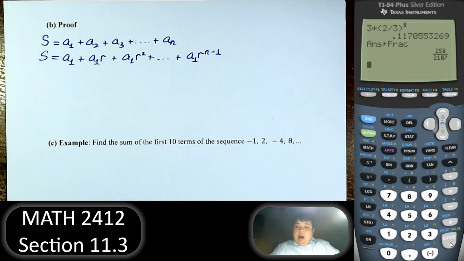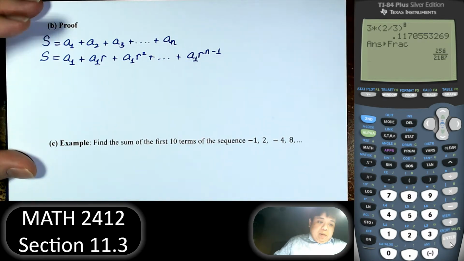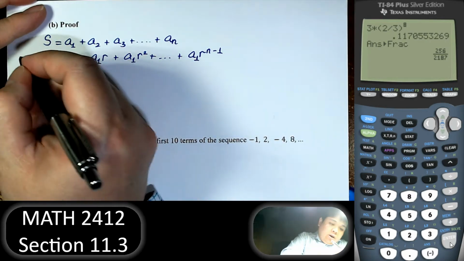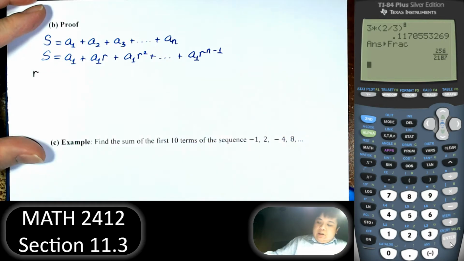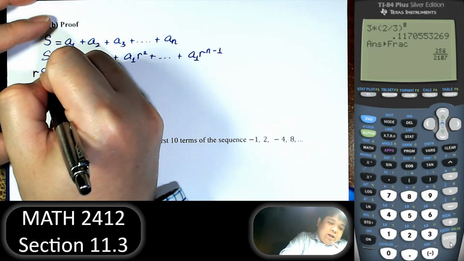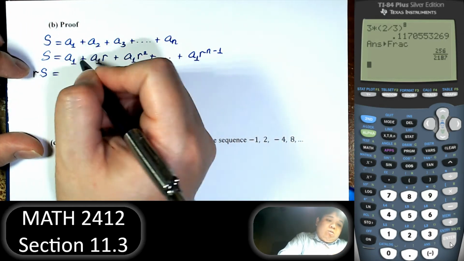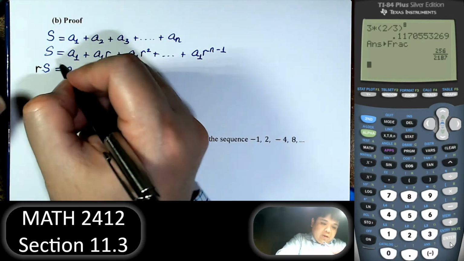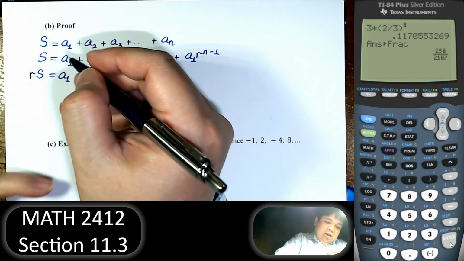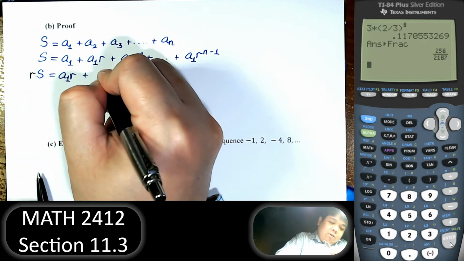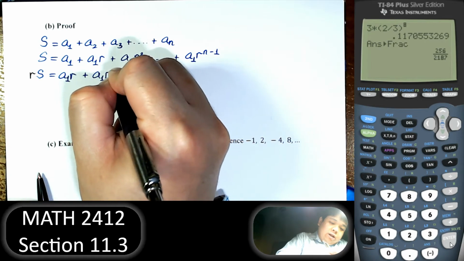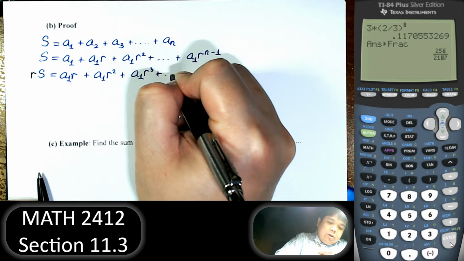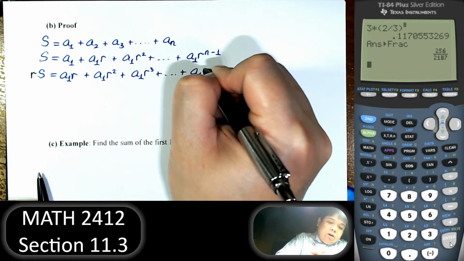Now, what we do next is multiply everything by r. If I multiply r into S and multiply r to everything, then we have a1 r, a1 r squared, a1 r cubed, and a1 r to the n.